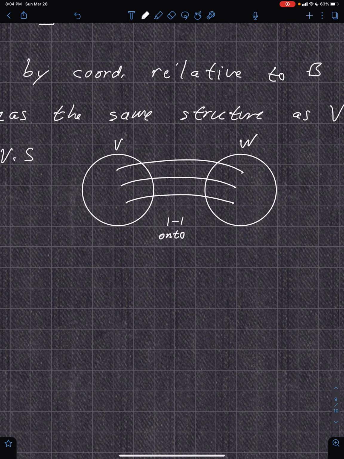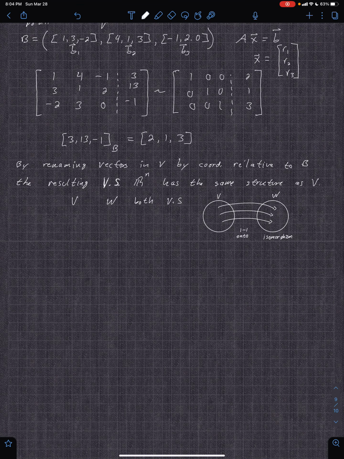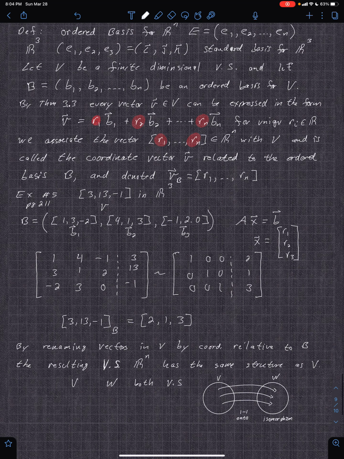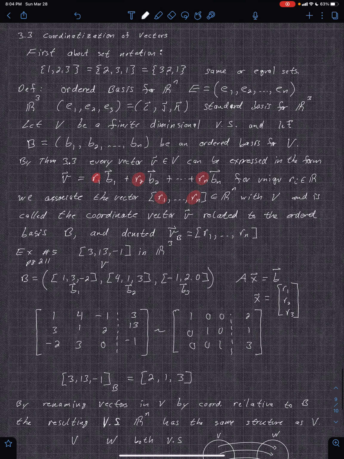The whole target is used up, so you don't have leftover things. When you have a one-to-one and onto correspondence, that's called an isomorphism, or the sets are isomorphic. An isomorphic set essentially has the same structure as the other set. They're essentially the same operation, the same thing, when you can set up an isomorphism. Okay, next is linear transformations, and that is it for 3.3. That's all we have.